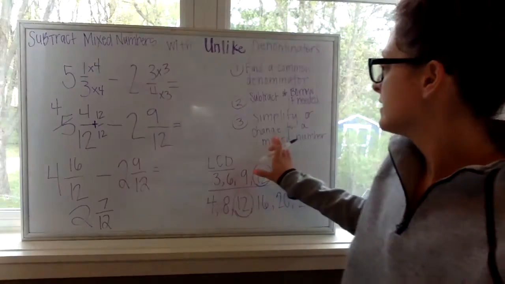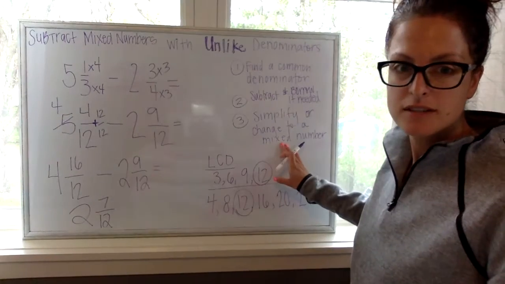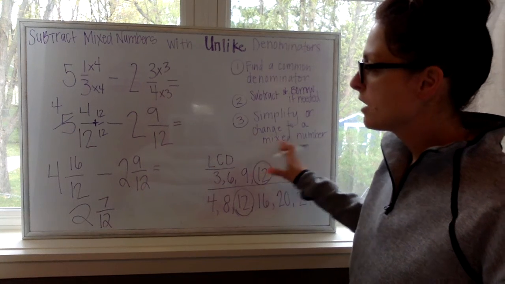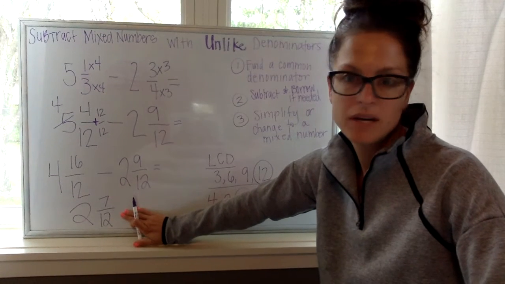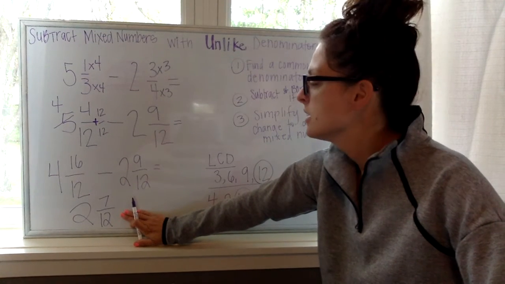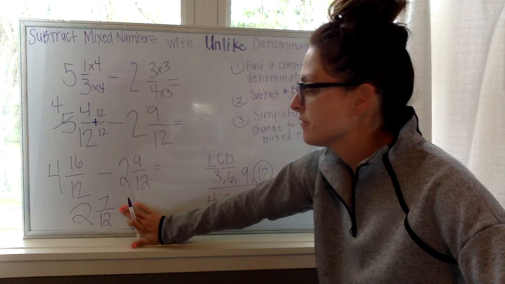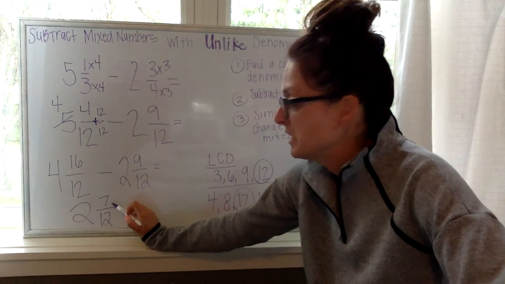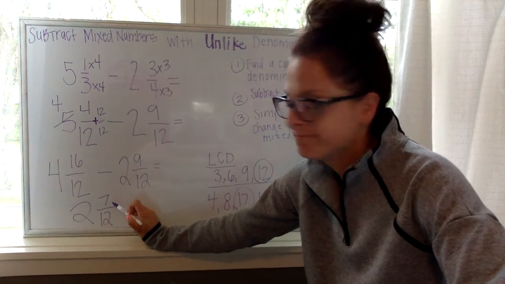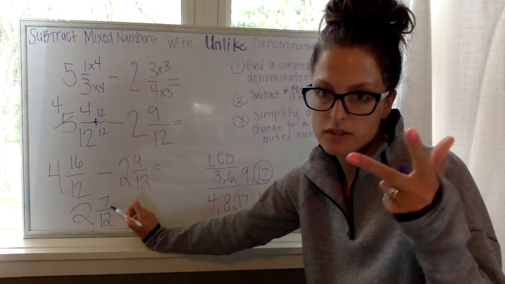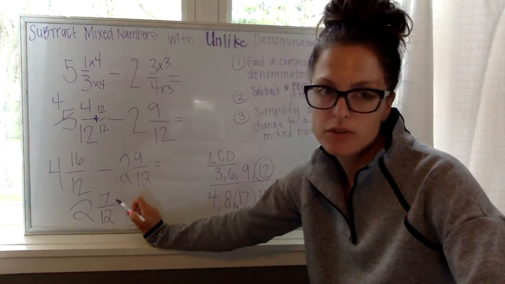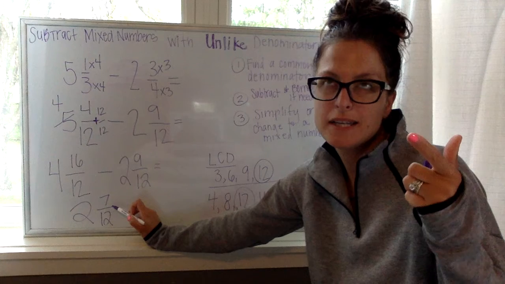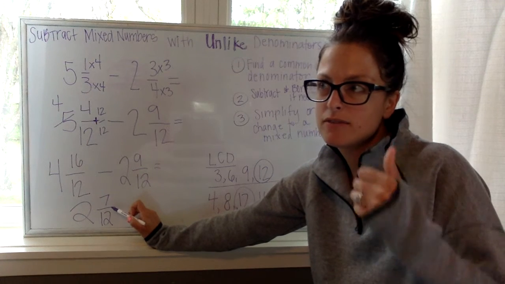Now I move on to my third step, and I need to remember to simplify or change to a mixed number. Well, this is already a mixed number. I don't see any improper fractions. So now I need to see if my fraction can be simplified. Can 7 be divided by 2? Nope, not evenly. 2, 4, 6, 8. What about 3? 3, 6, 9. Nope. 4, 4, 8. Nope. 5s, 5, 10.